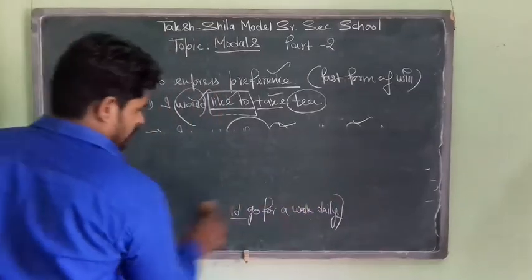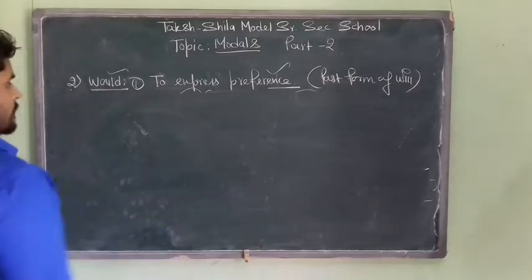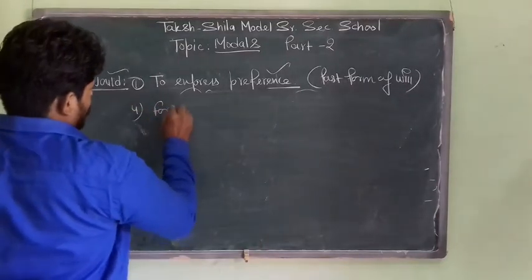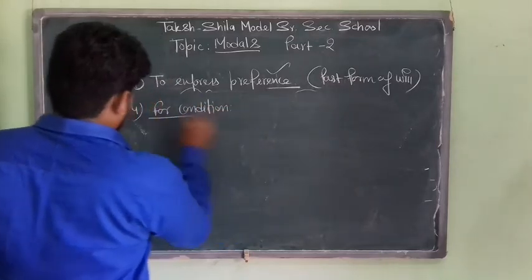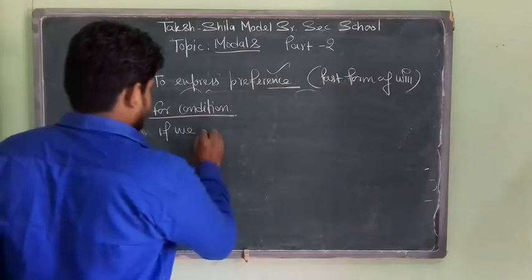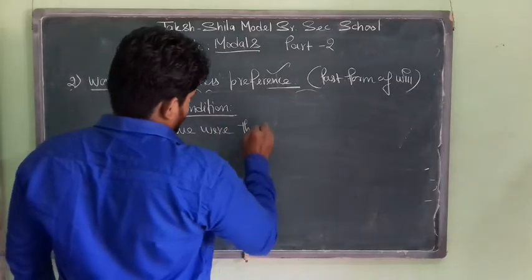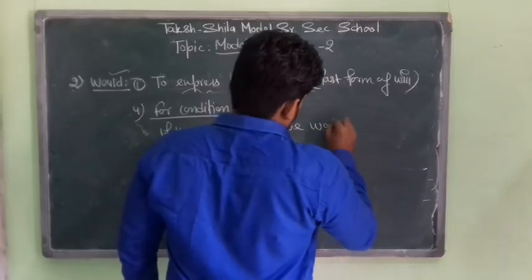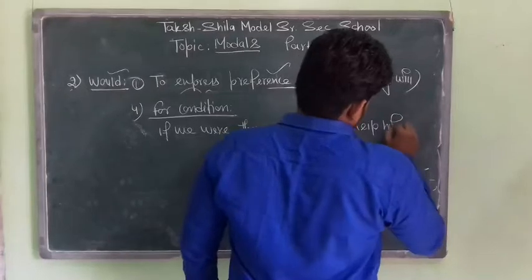Cases of would, and here the fourth use of would is for condition. For example, if we were there, we would help him.